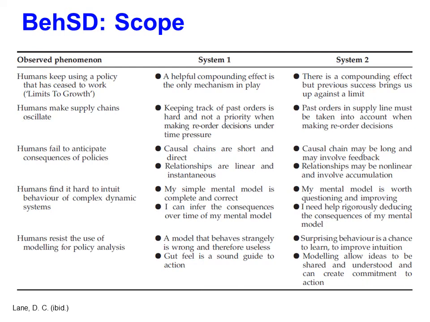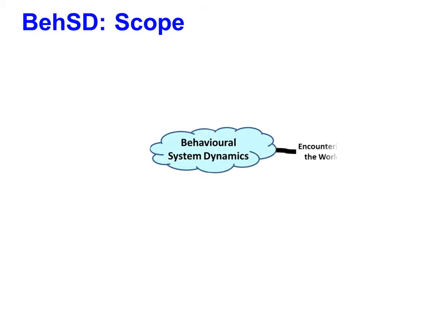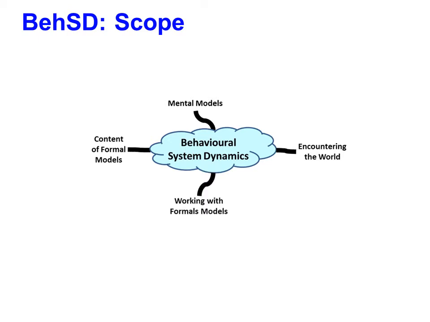Now from that, here is my first attempt to sketch the territory of system dynamics that a behavioural turn applies to. I'll talk about 4 areas. First, how we encounter the world, then our mental models of the world, then what needs to be in our formal models, the ones that we build, and then how we work with those models and encounter the world again.